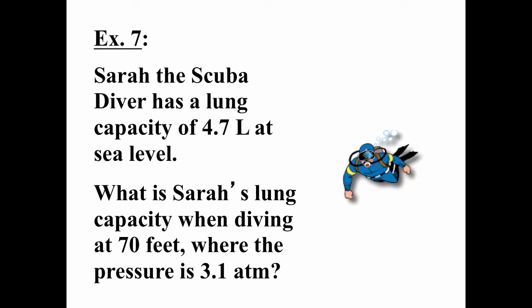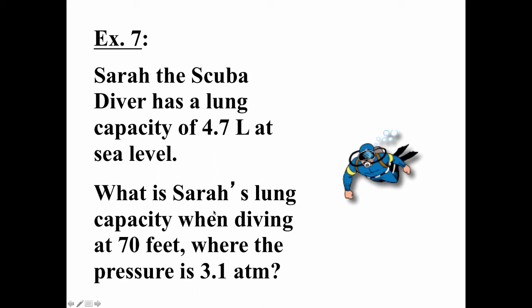Here's a more concrete example. If any of you are scuba divers, I happen to like scuba diving, especially in tropical water. My daughter Sarah is a scuba diver as well, and let's say that she has a lung capacity of about 4.7 liters at sea level.